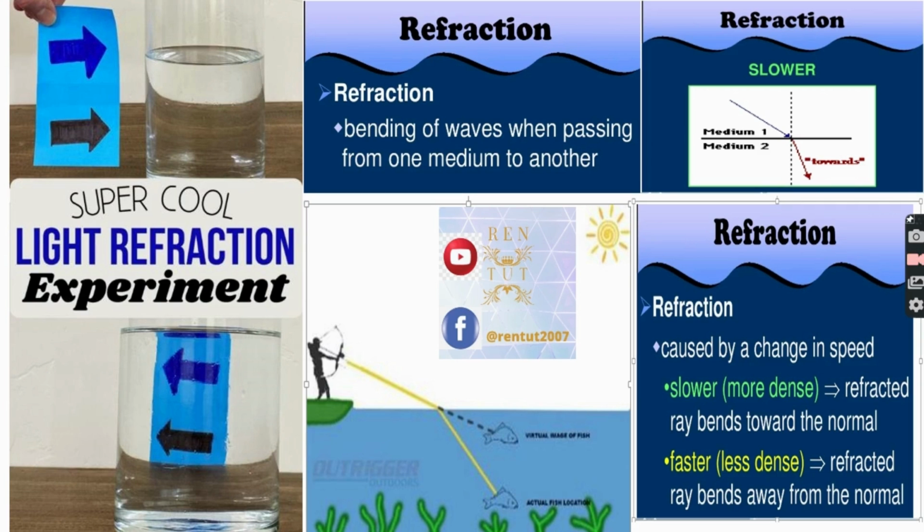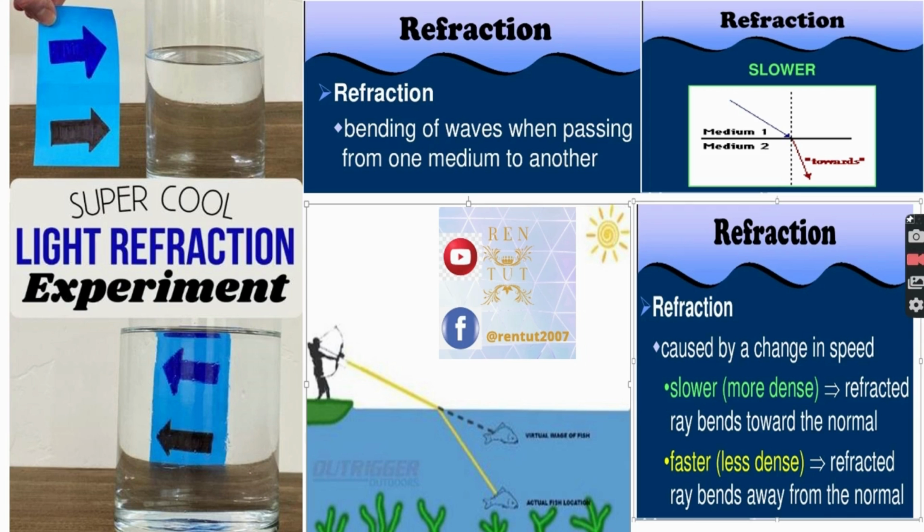Slower means it is passing from a rarer to a denser medium. And when it bends away from the normal, it means, for example, the light rays are passing from water, which is a denser medium, to a rarer medium.